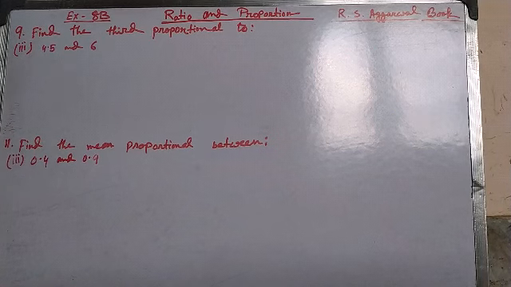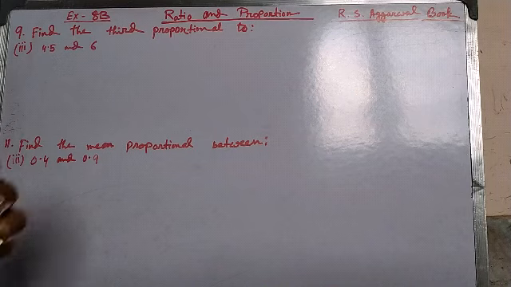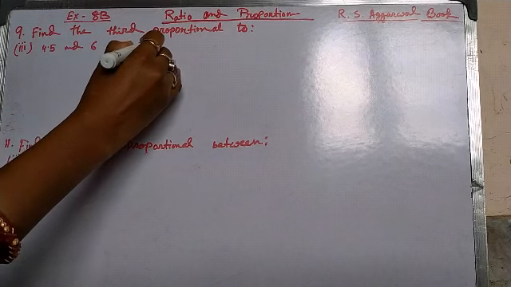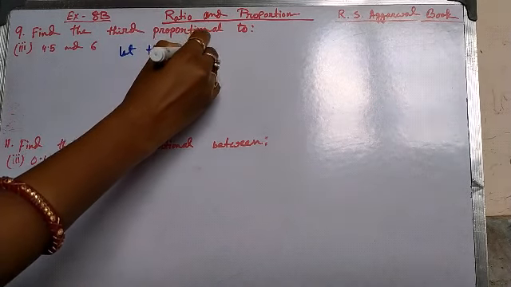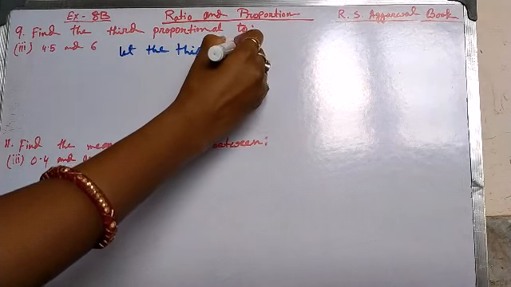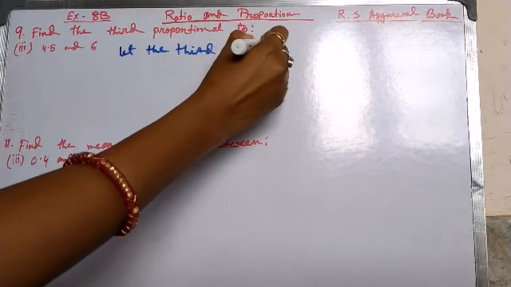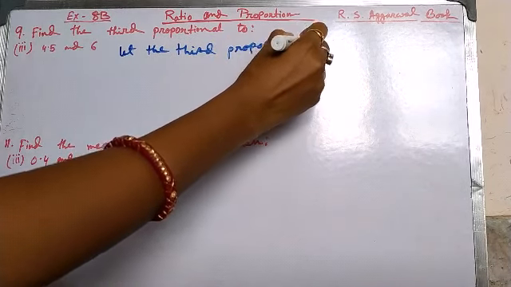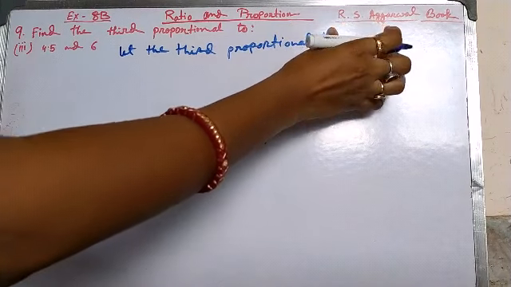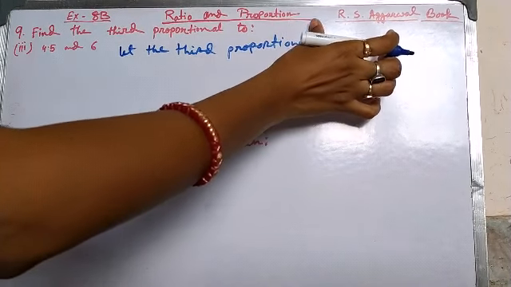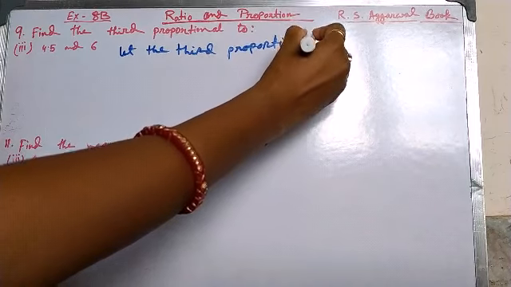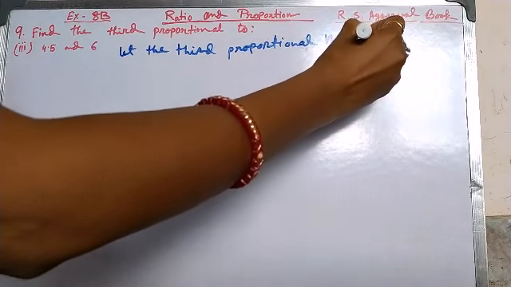Now question number 9. Find the third proportional to 4.5 and 6. So here we have to take the third proportional as x. So let the third proportional number be x.